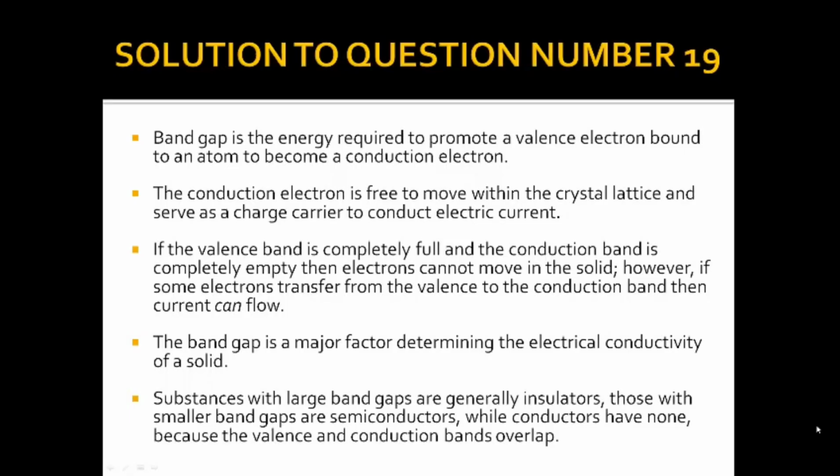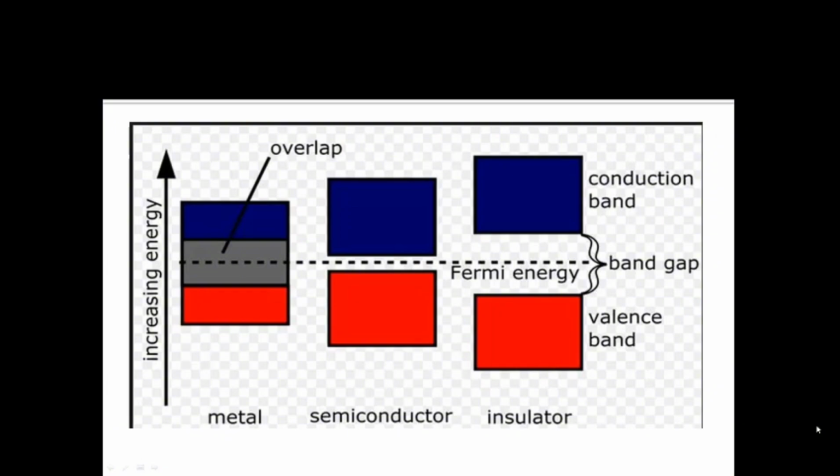So let's look at this together. Just like the first diagram we discussed, if you look at the metal here, you will see that there is an overlap between the conduction band and the valence band. So it's constantly conducting. You look at the semiconductor, the energy gap there is quite small. So it may not be conducting initially, but once energy is acquired through certain processes like increase in temperature or doping, certainly it will conduct, because once the energy is greater than the energy band gap, it will go over and conduct.